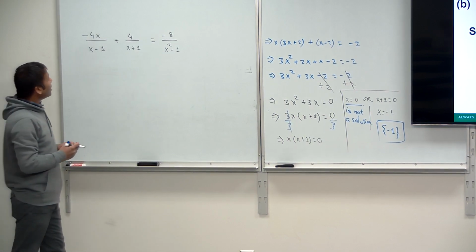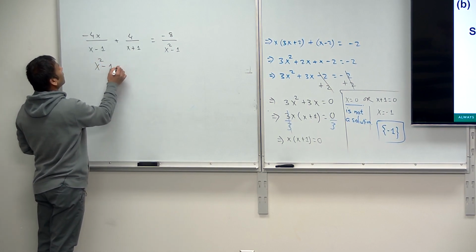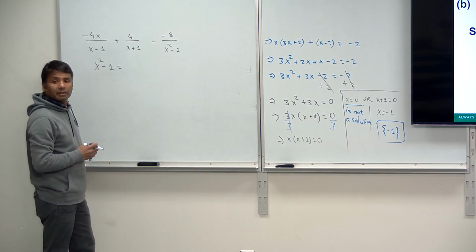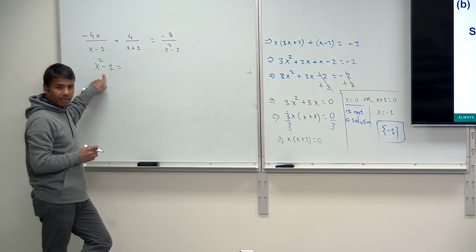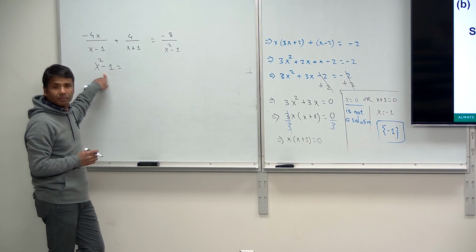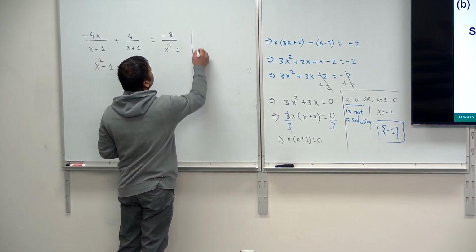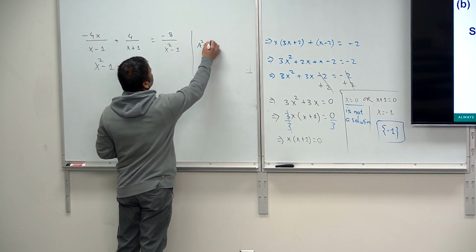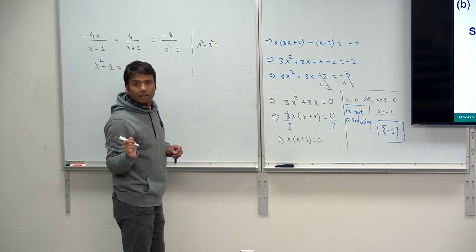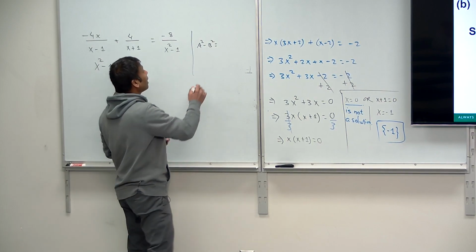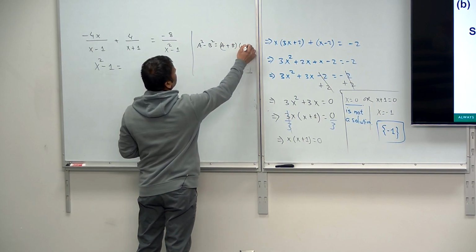So what are the factors of x squared minus 1? Can you factor it, x squared minus 1? You know a square minus b square, right? What is a square minus b square? Difference of squares. You got a plus b times a minus b, is that right?